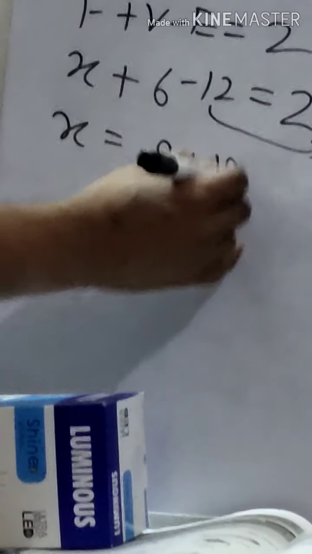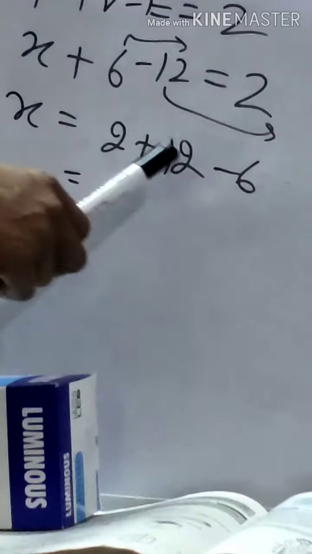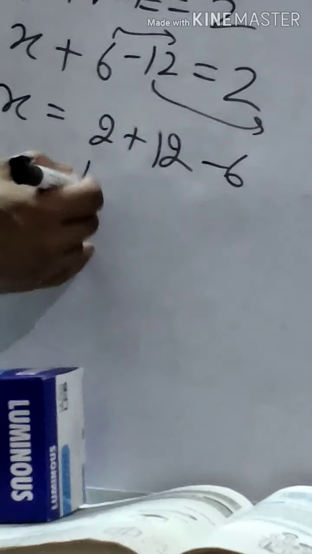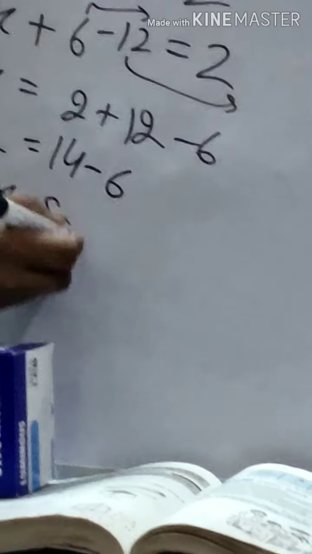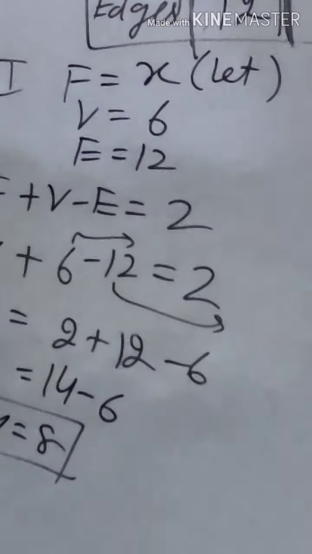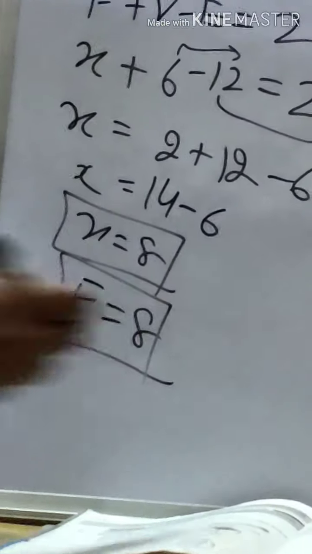So 2 minus, shifting here it is plus 12, plus 6 shifting here, minus 6. So 12 plus 2 is 14, 14 minus 6, then x is equal to 8. So the faces will be 8. Understand? I think now it is clear.